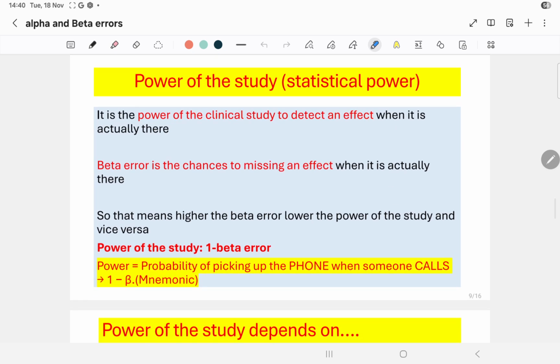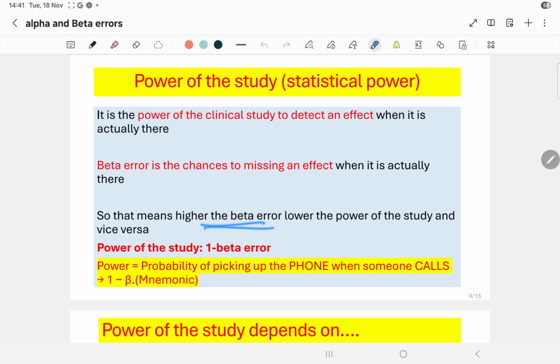The power of a clinical study is its ability to detect the effect when it is actually there. How good your study is at detecting the effect when the effect is actually there is the power of the study. Beta error is the chance of missing an effect, so these two things are different, opposite.